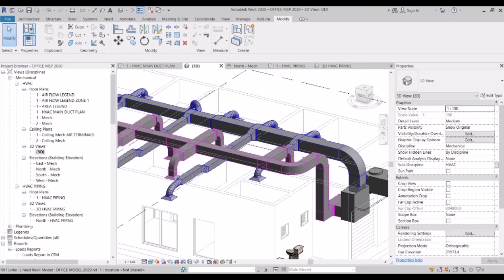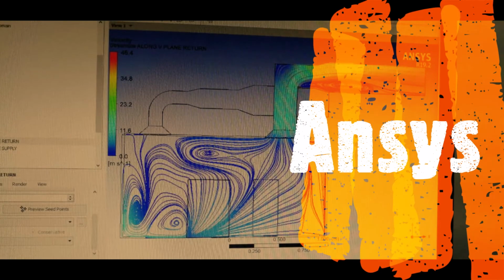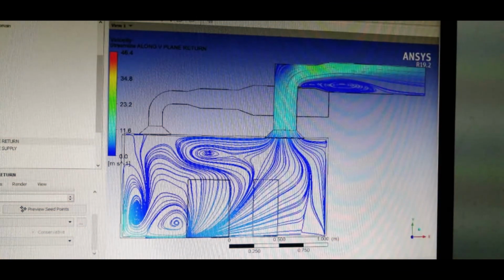Okay, and then you can see this one is designed using the ANSYS Fluent system. The supply from the terminal, you can see, depends on how many pieces of equipment are designed here, and will influence the flow system inside the room.